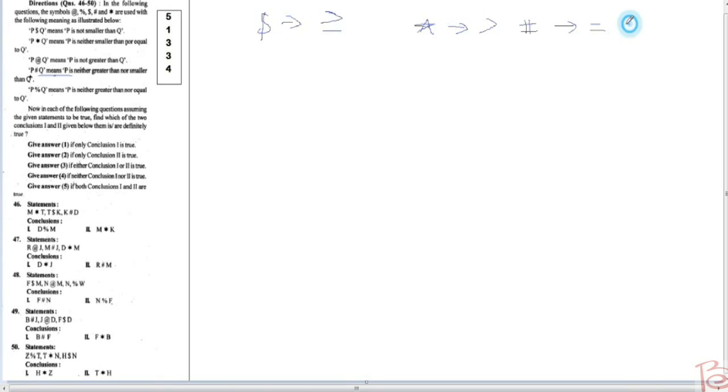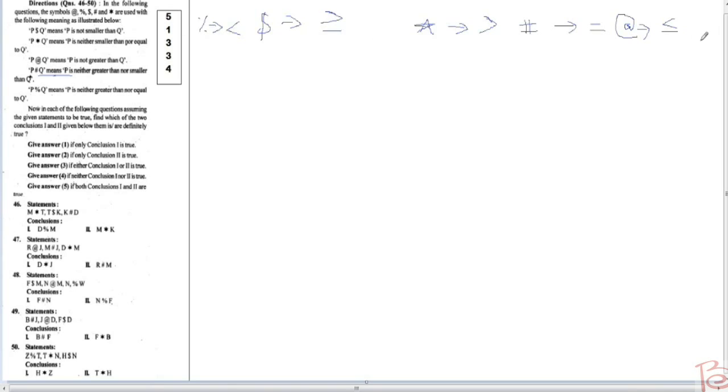The next one is at, which means P is not greater than Q. If it's not greater than Q, it can be smaller or equal. So at means smaller or equal. And the last symbol is the percentage symbol, which means P is neither greater than nor equal to Q. It's not greater and not equal, so definitely it should be smaller.